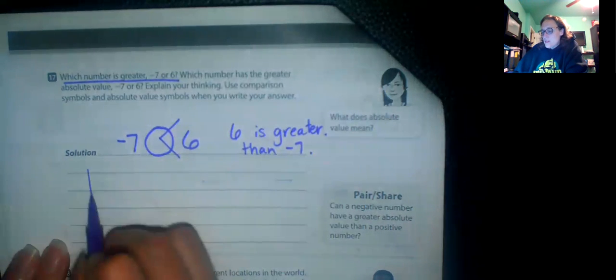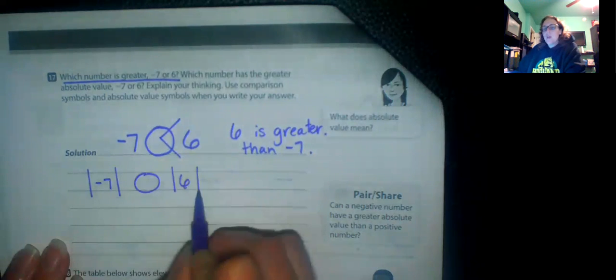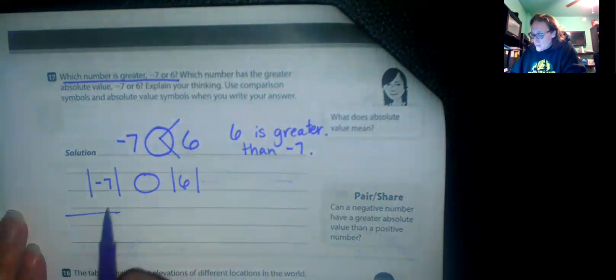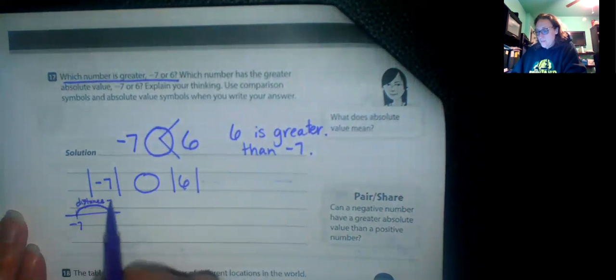And I know some of you are still struggling with absolute value. Remember, absolute value just means the distance from 0. So if you think about here's 0 and here's -7, to get from here to here is a distance of 7.